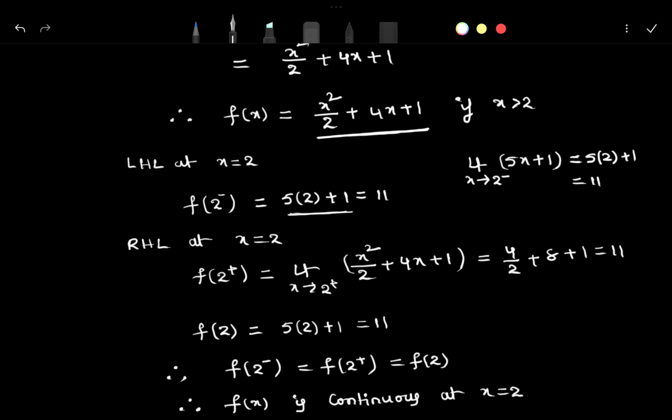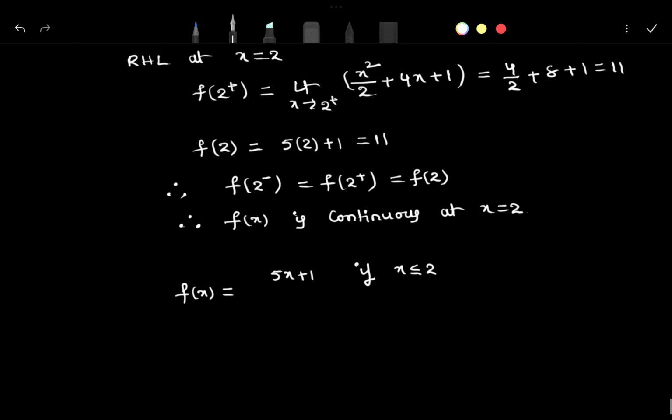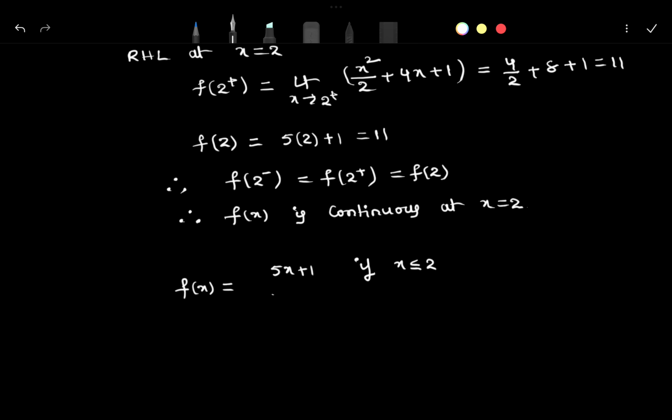Now here we simplified. When x is greater than 2, f of x will be x square by 2 plus 4x plus 1.